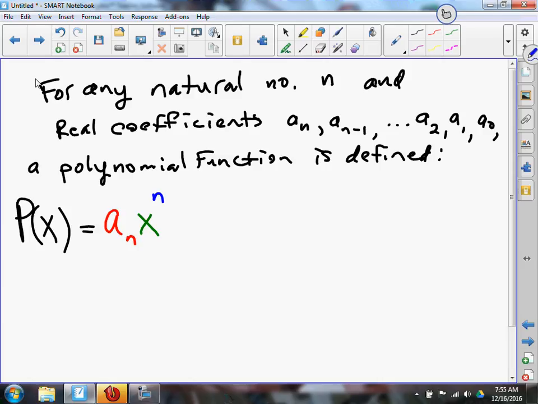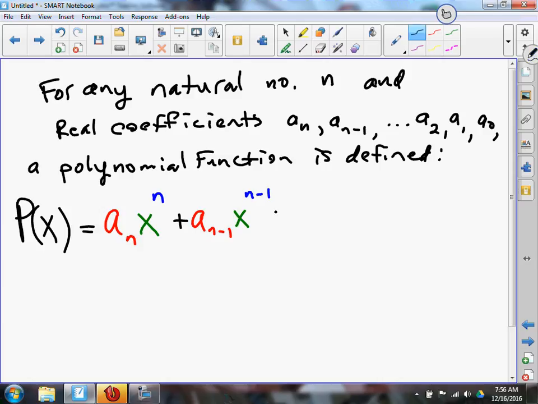So a sub n times x to the n plus the second term, it has a coefficient a sub n minus 1. And the notation's kind of weird. It's just saying, well, that's the next coefficient. And again, we're going to have an x. And the power on x this time is going to be 1 less than it was before. And we'll explain what all that means in a minute.